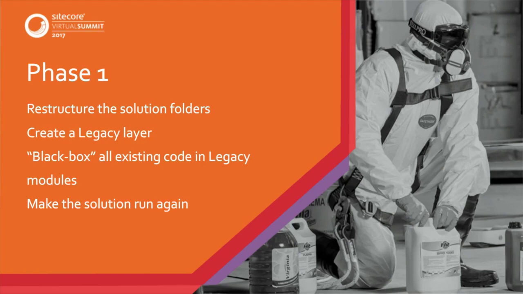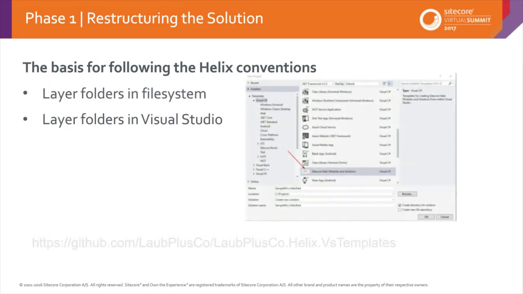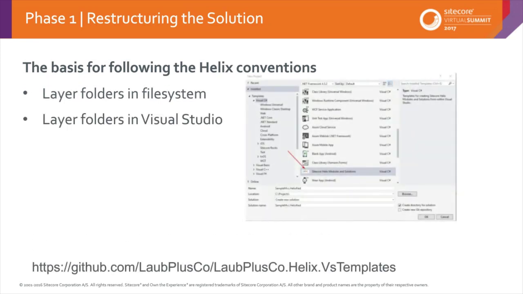So, the basis for following the Helix conventions: you need some layer folders in the file system, and you need some layer folders in Visual Studio. To create these, I used my own Visual Studio extension called Helix Visual Studio Templates. You can find it on Visual Studio extensions and update. I have received some mixed feedback and a few bugs.